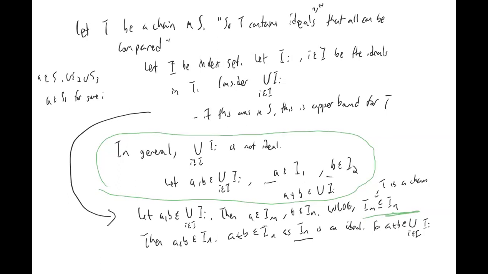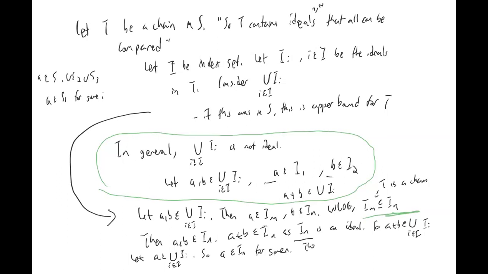So for example, the magnet property is easy, right? Let A be in the union of the I_n. So A is in I_n for some n.